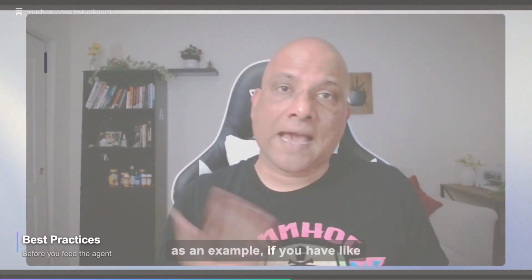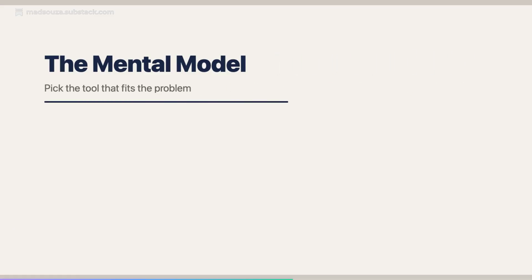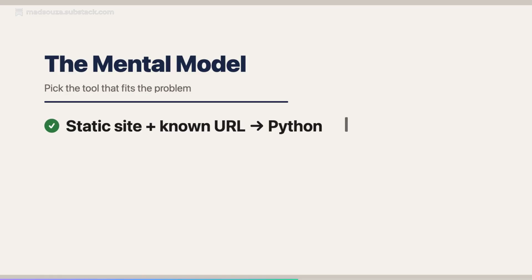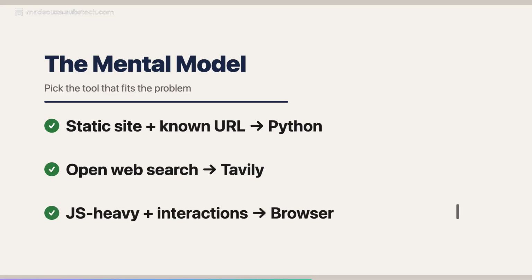As an example, if you have a fixed URL and your web page is static, then you may want to go for a Python function. If you're doing a web search, then you may want to go for Tavily. And if you are performing complex JavaScript operations on a web page, then you may want to go for browser agents. No single tool fits every use case. You want to pick the best one that matches your problem.